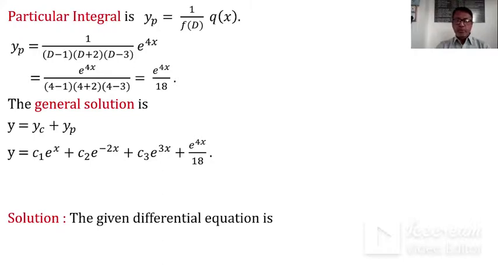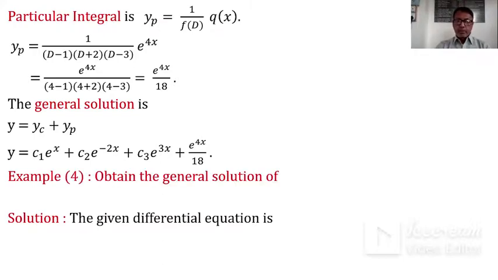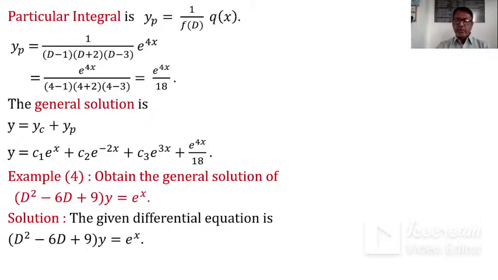Now we see one more example. Obtain the general solution of D square minus 6D plus 9 operating on y is equal to e to the power x. Now the given differential equation is this.